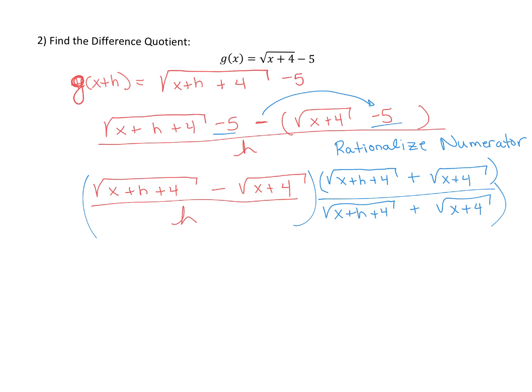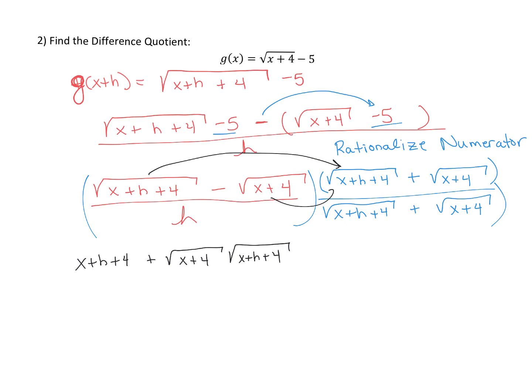What happens when we actually multiply this out? Well, here when you multiply a radical by itself, you get x plus h plus 4. On the outsides, you'll get plus the square root of x plus 4 times the square root of x plus h plus 4.